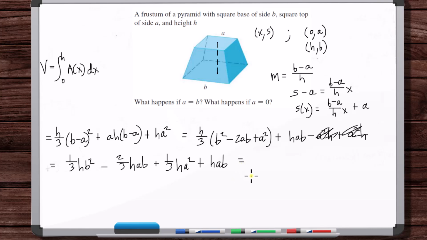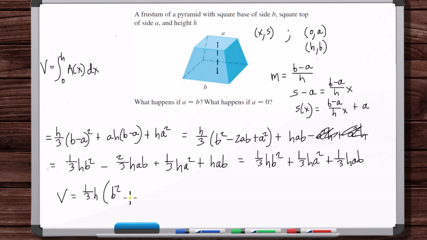Minus 2/3 hab plus 1 hab is 1/3 hab. So 1/3 hb squared plus 1/3 ha squared plus 1/3 hab. All right, so the volume is, we can factor out a 1/3 and an h, and we're left with b squared plus a squared plus ab. Okay, that is the volume.